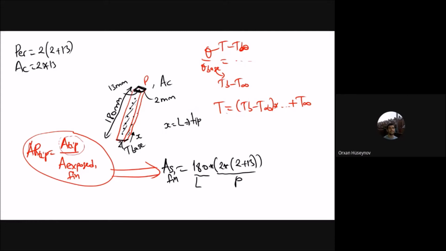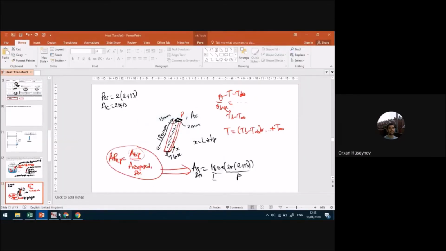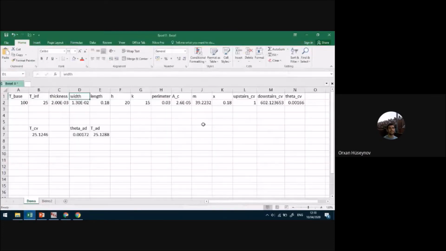If we calculate this exposed ratio and find AR tip, and it is very small, then we can say that it is good for adiabatic calculations. This is another approach to be sure that your calculations are okay.